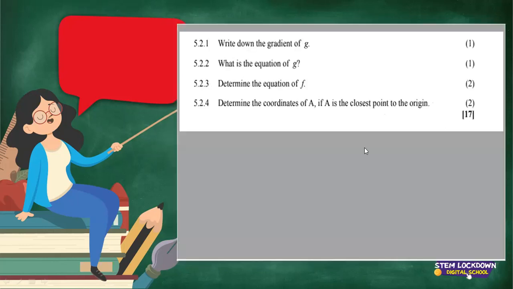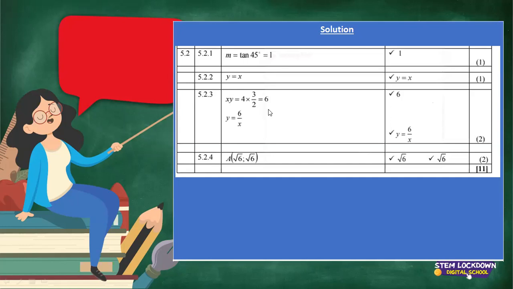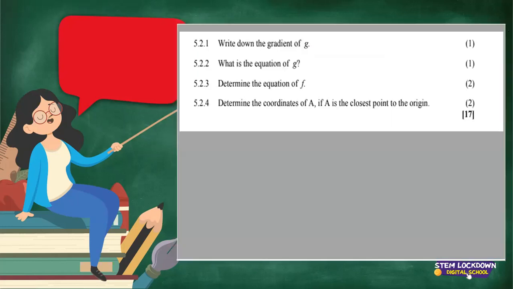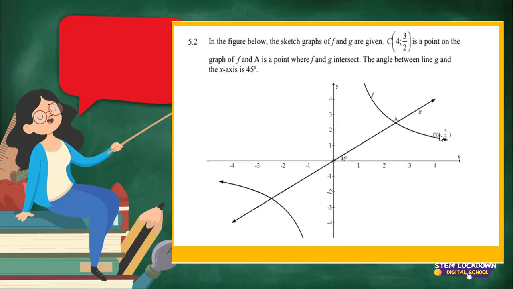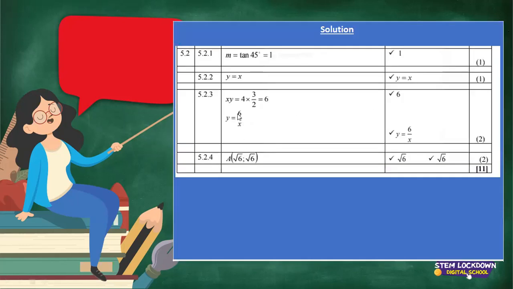When x is 4, y is 3 over 2. So we substitute 4 and 3 over 2 into y equals a over x, and we get y equals 6 over x.